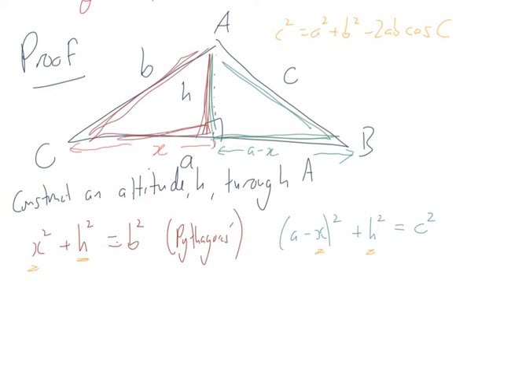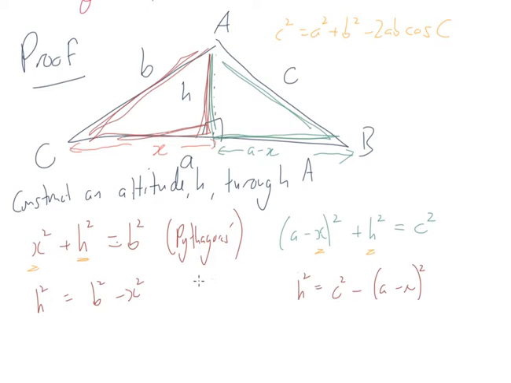So I'm going to rearrange both of these, similar to the sine rule, to get h squared by itself. So here I'm going to say that h squared equals b squared minus x squared. And over here, h squared equals c squared minus a minus x all squared.